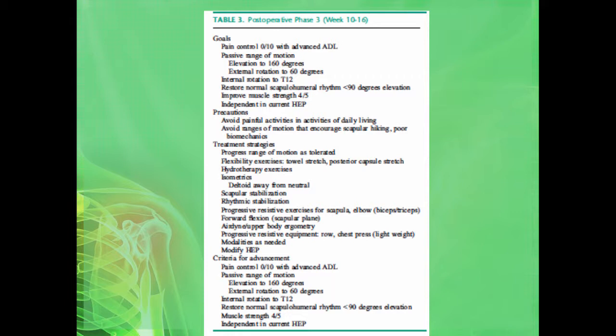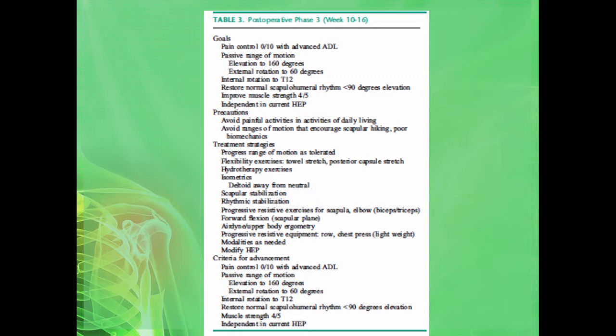Moving on to months 3 and 4, continuing with what we were doing before, but we're avoiding any activities that cause some discomfort, and we're wanting to make sure that we don't see any scapula hiking or any poor dysfunctional movement. But we're progressing strengthening exercises still with isometrics, doing scapula stabilization. We can do resistive exercises for the scapula and the elbow, and we're keeping forward flexion in the scapular plane.